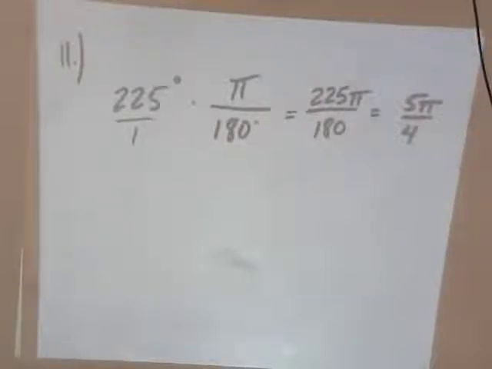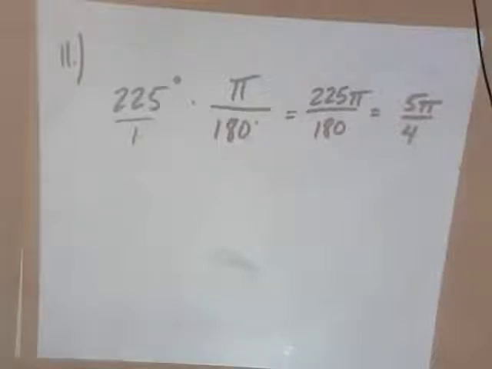Is there anybody that doesn't know how to simplify fractions on your calculator? Put in 225, times pi, divided by 180, hit enter.